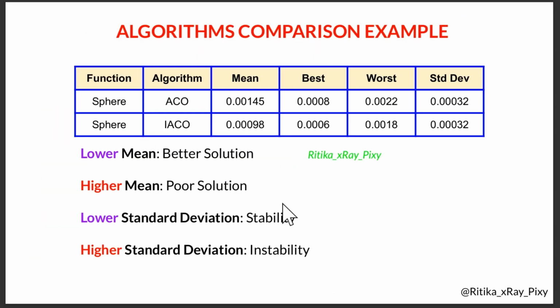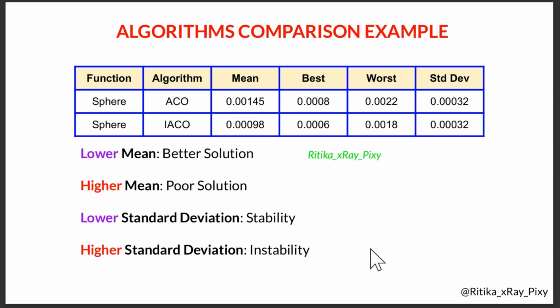A lower mean indicates better optimization results, and standard deviation is used to show how stable the algorithm is. If we have a lower standard deviation, it means consistent performance, and if we have a higher standard deviation, it means high variation and instability. So here we have the test function, that is the sphere function, then the algorithm.